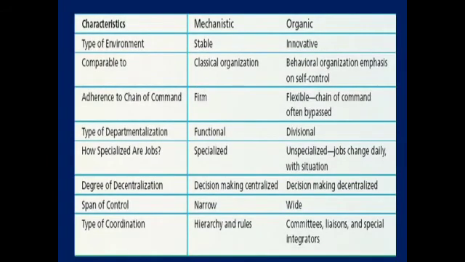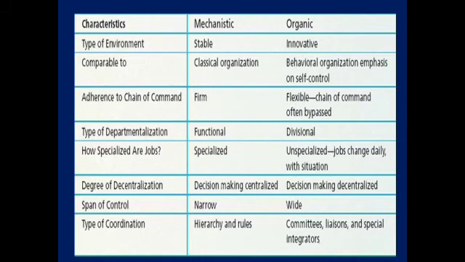Here is the comparison between the mechanistic and organic organization. Based on the type of environment, the mechanistic has a stable environment, but the organic has an innovative environment. Next, comparable to classical organization, it is a formal organization. The organic is comparable to behavioral organization, with emphasis on self-control only.